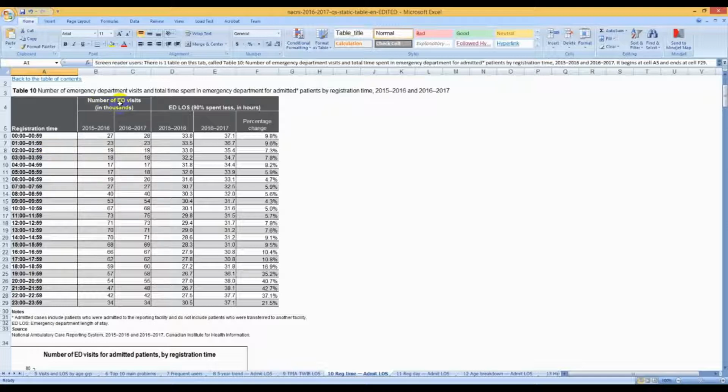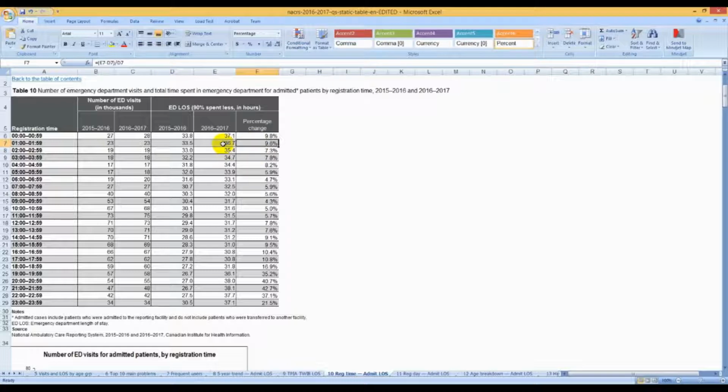So the number of ED visits in thousands for last fiscal year and this fiscal year: 27,000 from 1 a.m., and different hours like 23,000. Here is the NACRS percentile for different fiscal years and the percentage change.